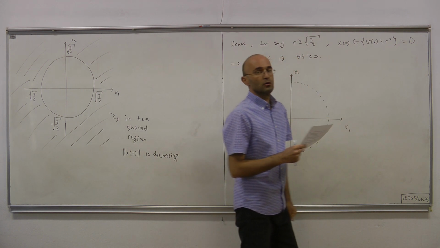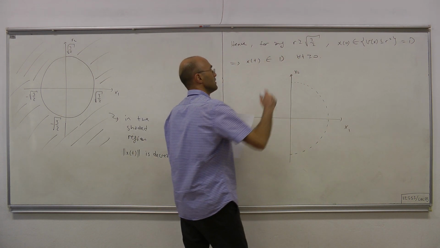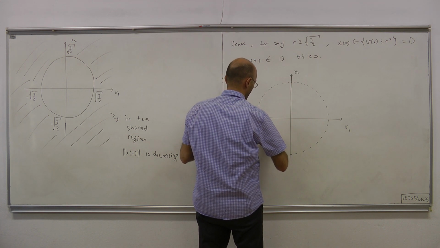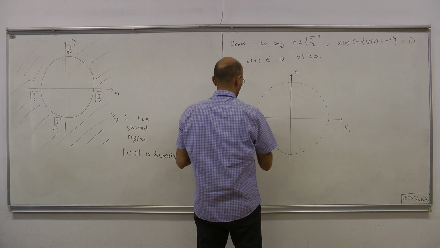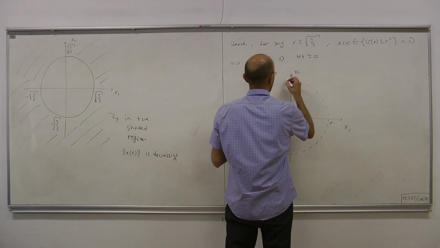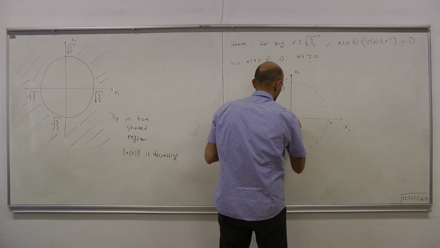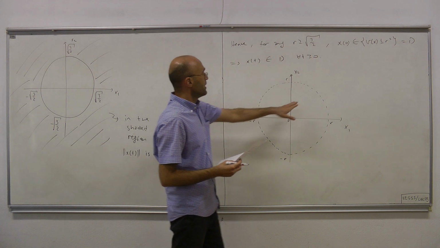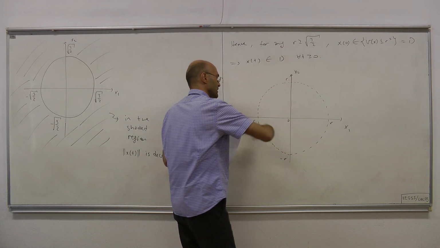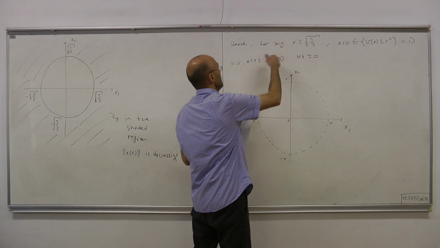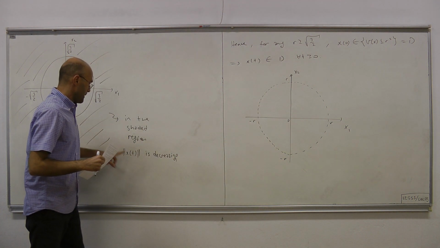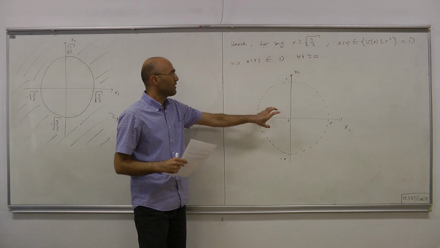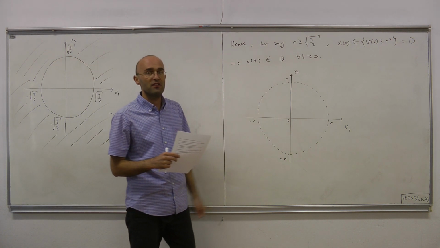Norm squared less than or equal to 2 squared, 4. Now, if we start anywhere inside that disk, because Euclidean distance is decreasing, we should always stay within that disk.